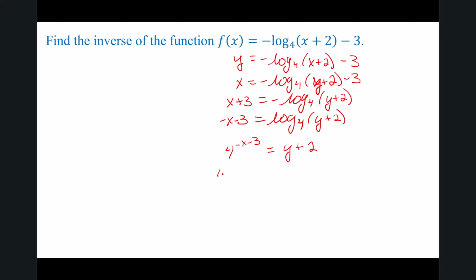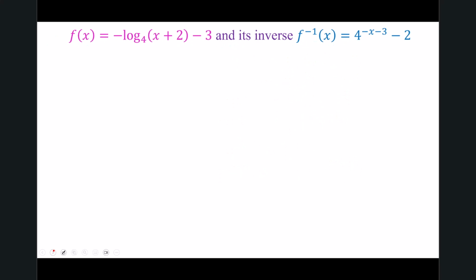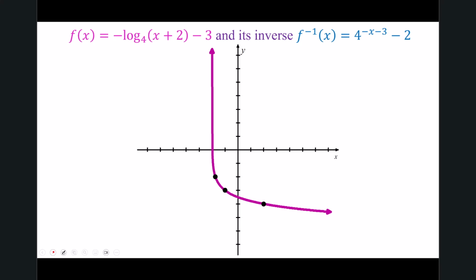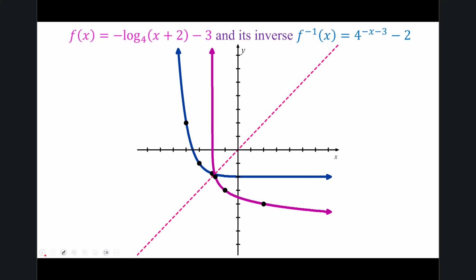Subtract 2, and I get 4 to the negative x minus 3 minus 2 equals y, which is the inverse of f of x. So here's the two graphs of those two equations, and we can see they are symmetric about the line y equals x.